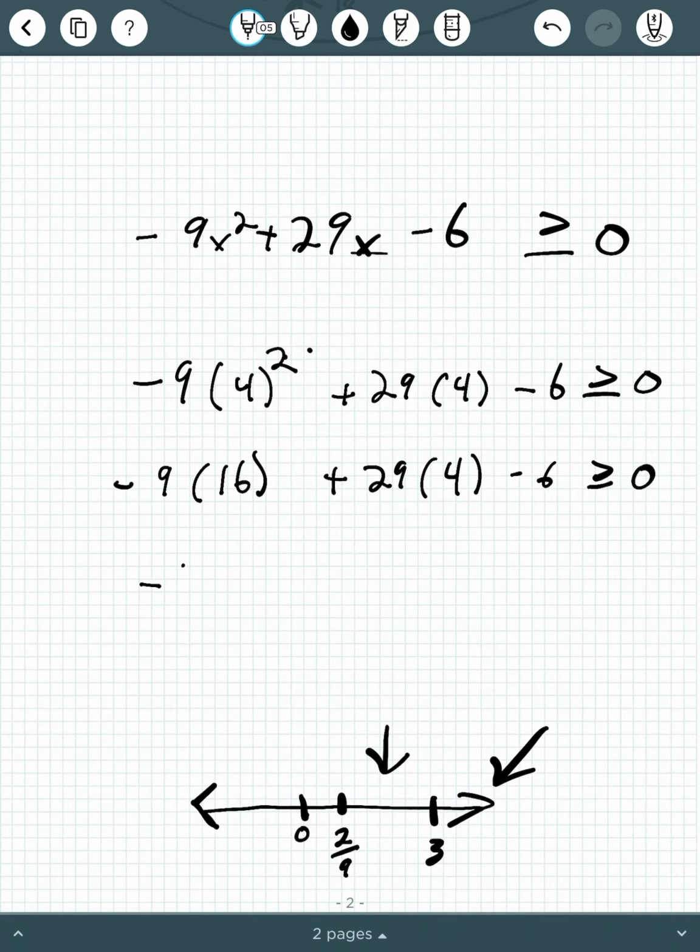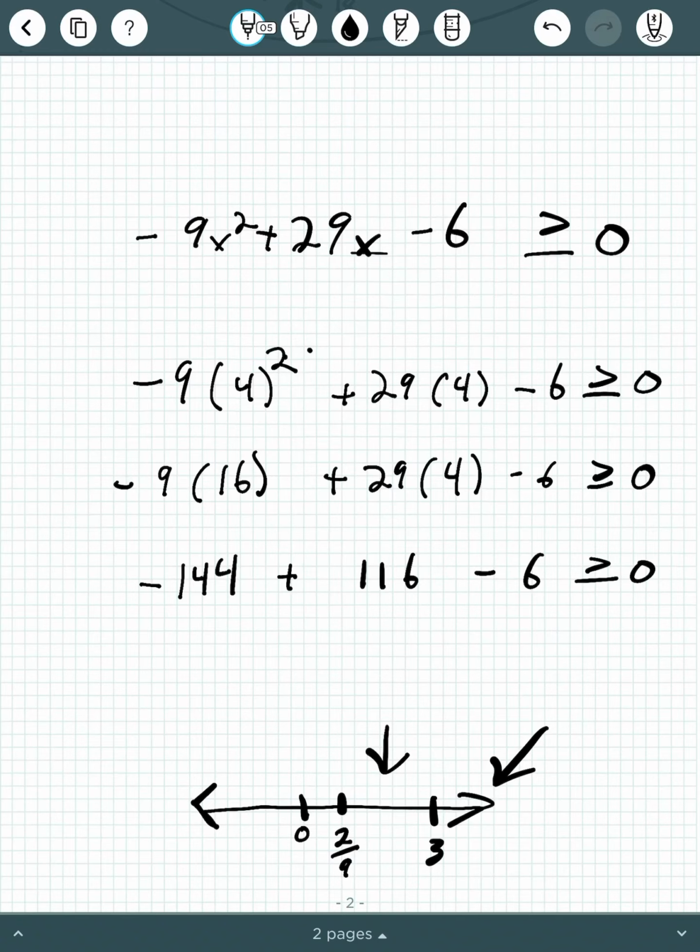Well, negative 9 times 16 is negative 144. We add that with 29 times 4, which gives us 80 and 30, 116, minus 6. Boy, I hope I'm right on those. Double check my multiplication, but I believe I did it right.